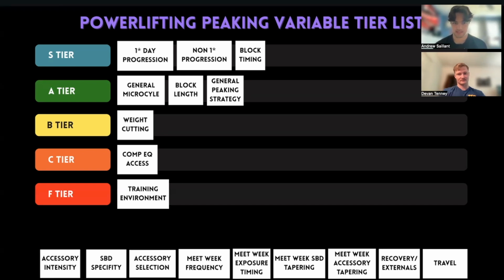And we do have an accessory selection variable as well. But I think in terms of intensity, I'm thinking about this more in terms of the last block of the prep, in the last week of the prep, how hard are we pushing those main specific accessories versus the non-specific ones.